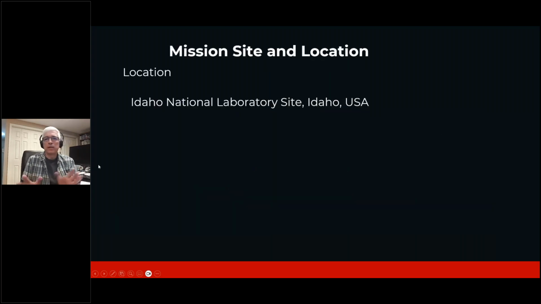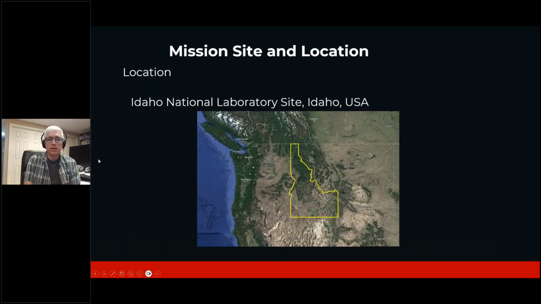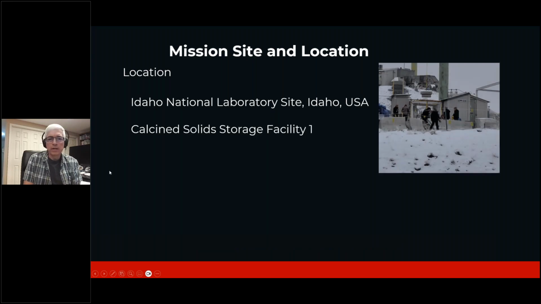Okay, so let me give you a rundown on exactly where the Idaho National Laboratory site is. It is in the state of Idaho, and we are one of several Department of Energy nuclear laboratory sites. And so Southeast Idaho is where we're located.